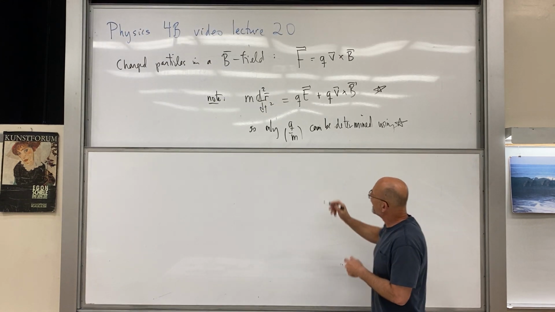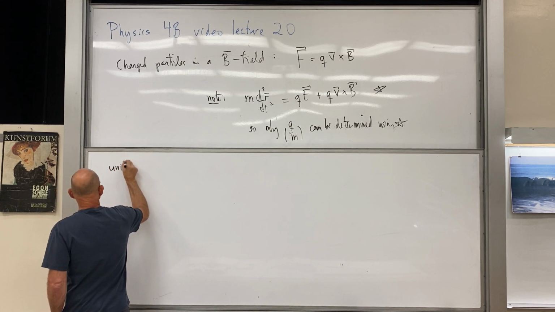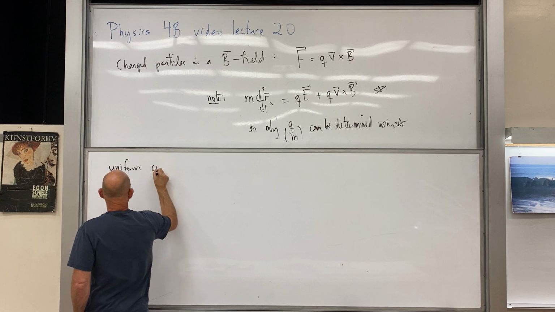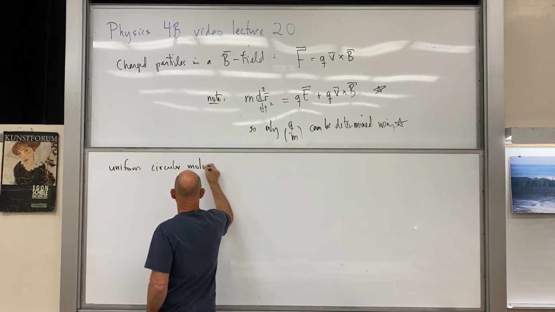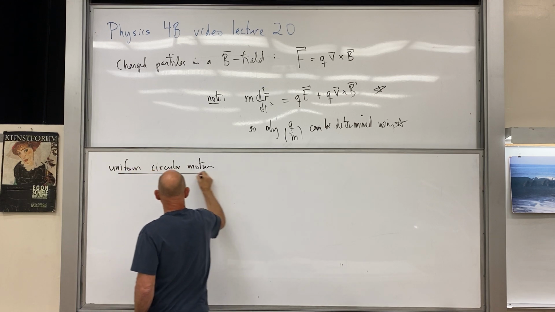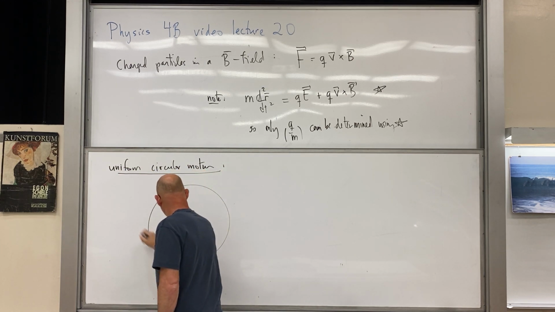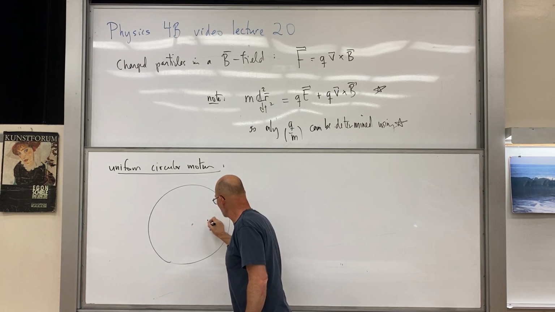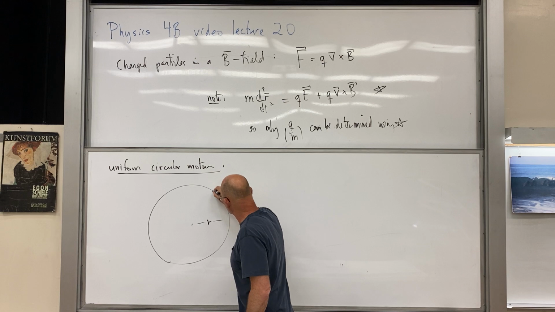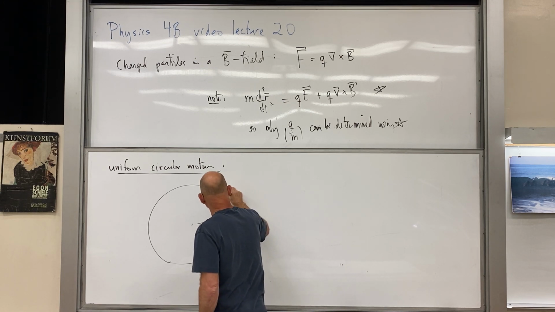So we saw this last time, so I'll go to uniform circular motion. Suppose we have a charge moving in uniform circular motion. So it's right here. There's the mass.